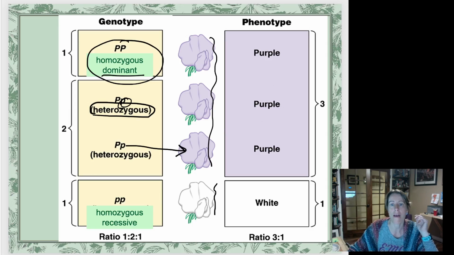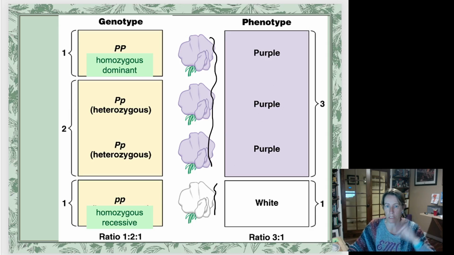And so we have these terms now. Homozygous dominant means you have two of the same and they're the dominant allele, or homozygous recessive, which means you have two of the same and they're the recessive alleles. And then you have the third term, which is heterozygous, which means you have two different ones. And you never, ever say heterozygous dominant or heterozygous recessive.